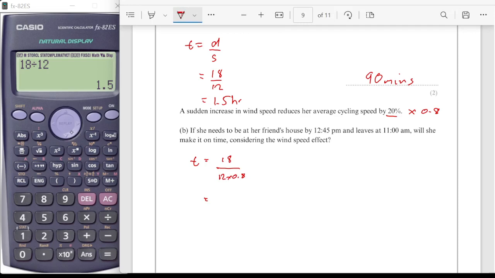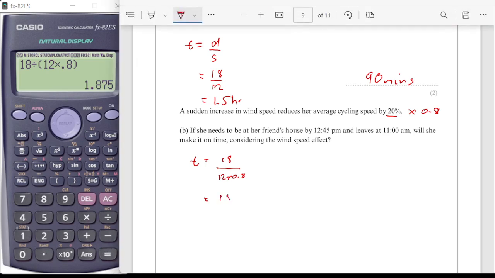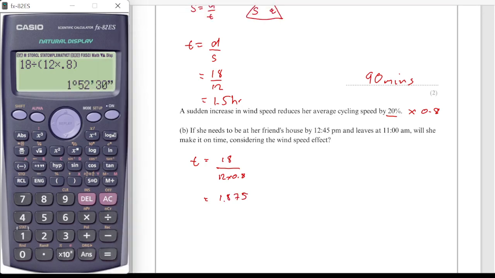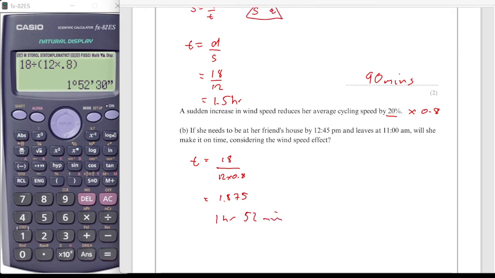So our new time is going to be 1.875 hours. So that's 1 hour, 52 minutes and 30 seconds.